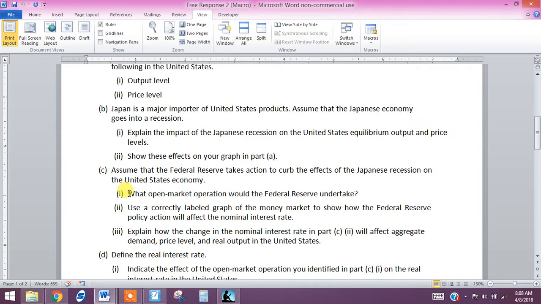And when they buy them from banks, they're actually putting more money into the money supply. So you want to explain in part 1 that the operation would be a purchase of government bonds from banks in the economy.